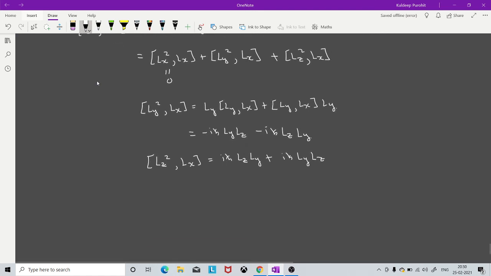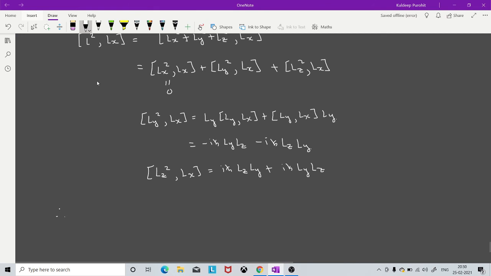Therefore the value of L square comma Lx will be equal to minus iħ Ly into Lz minus iħ Lz into Ly plus iħ Lz into Ly plus iħ Ly into Lz.